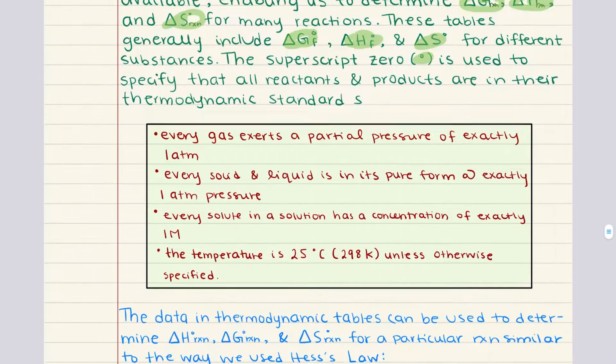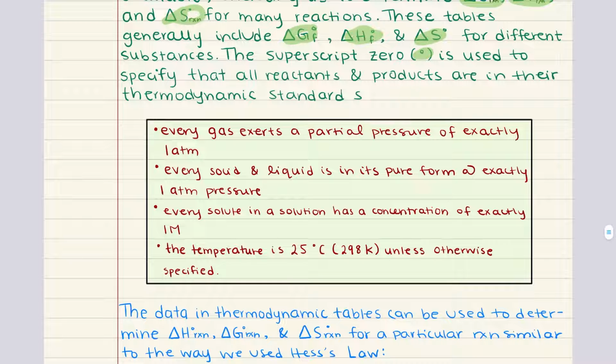The conditions for standard state are the following. Each gas exerts a partial pressure of exactly 1 atmosphere. Each solid or liquid is in its pure form at exactly 1 atmosphere of pressure. Each solute in a solution has a concentration of exactly 1 molar, and finally the temperature is 25 degrees Celsius, which is equal to 298 Kelvin, unless otherwise specified.